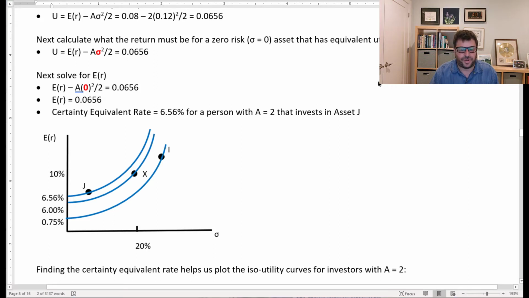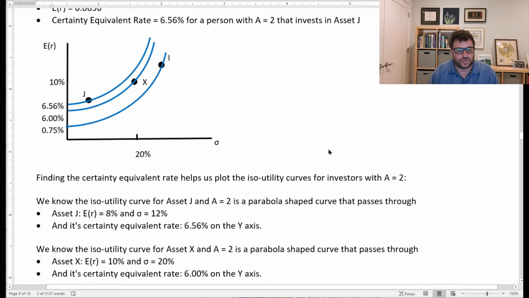And so we can find the certainty equivalent rates. This helps us plot the isoutility curves for an investor with A equals 2. We know that the isoutility curve for asset J and A equals 2 is a parabola-shaped curve that passes through J and intersects 6.56% on the y-axis.